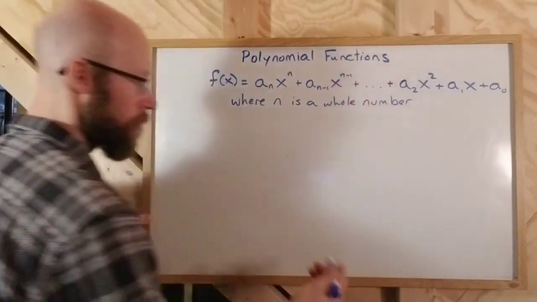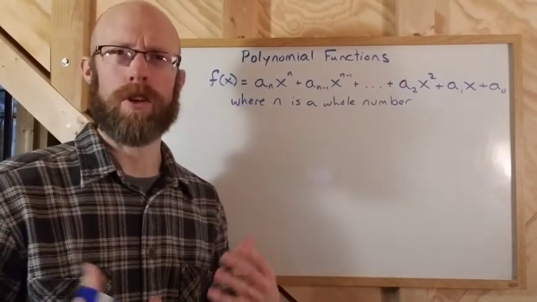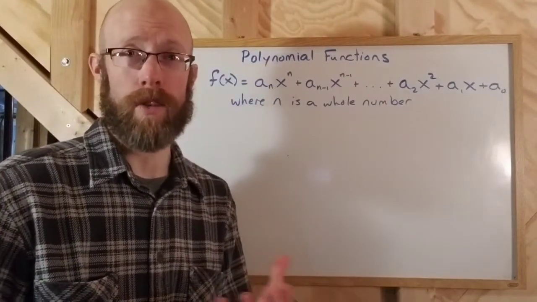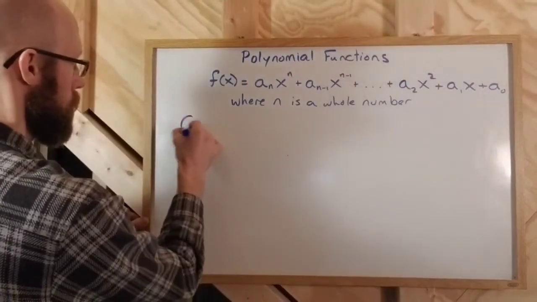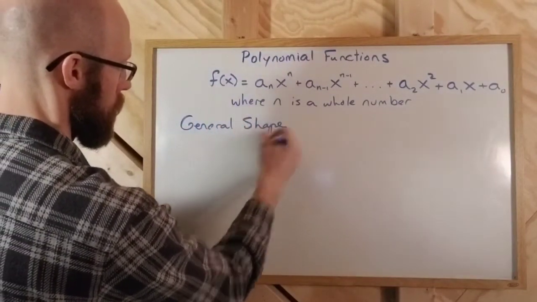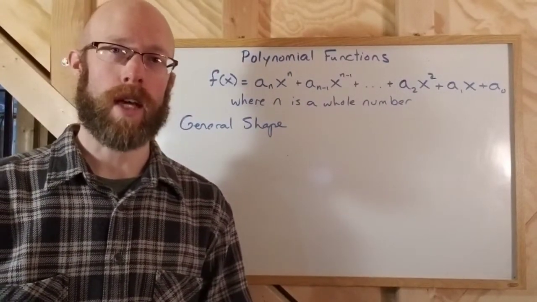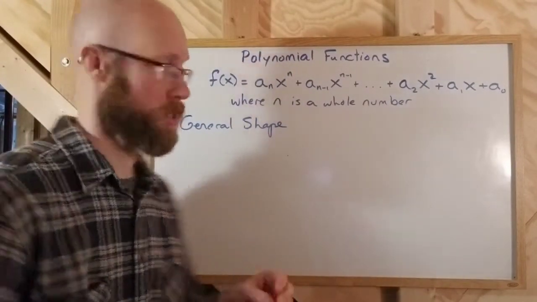Another thing that's really important is to be able to determine the behavior of the graph, the general shape. The general shape is important. So we're going to start out by looking at a few examples of power functions.